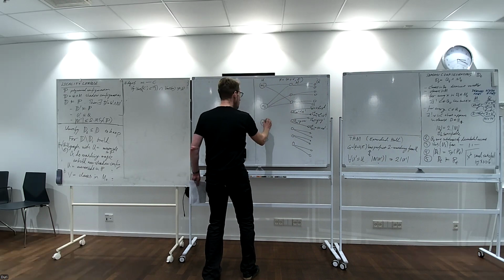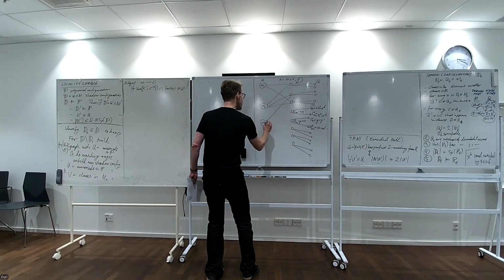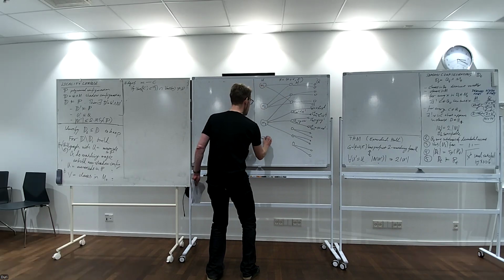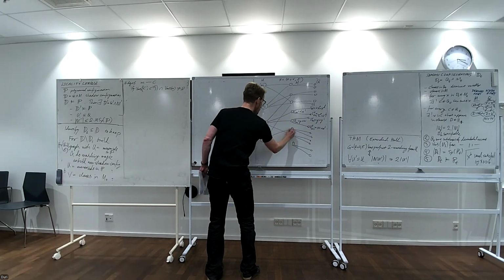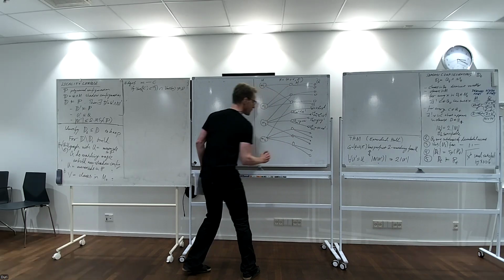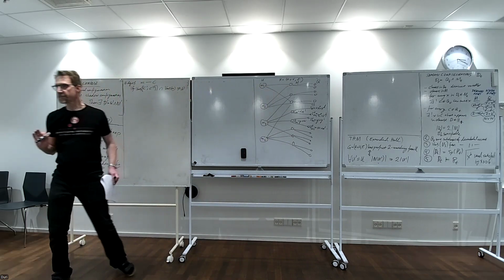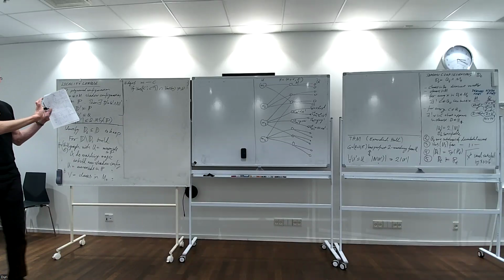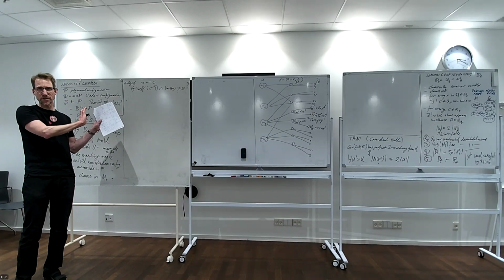And now let me see, I want something like this, maybe something like this. Okay, maybe that's my graph. So far, I'm just constructing the graph. Are we happy kind of with the graph construction?